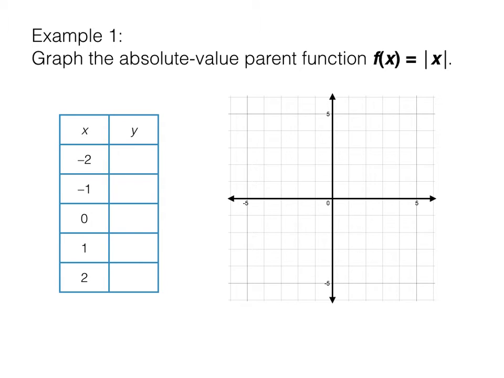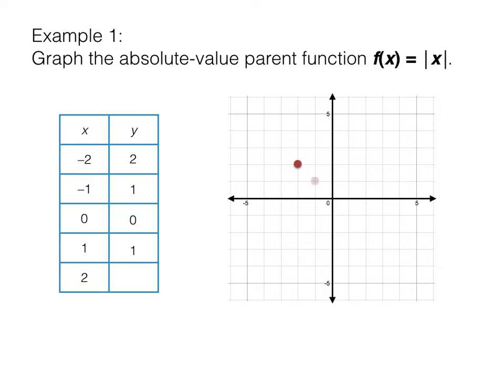So we want to consider f of -2. The absolute value of -2 is 2. F of -1 equals the absolute value of -1. That's 1. F of 0 equals the absolute value of 0, which is 0. F of 1 is 1, and f of 2 is 2.